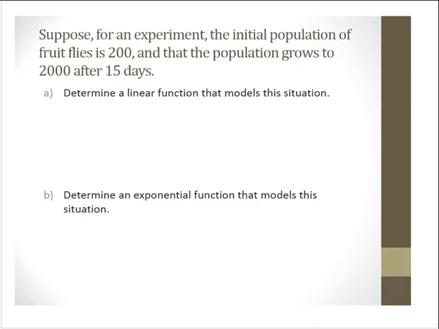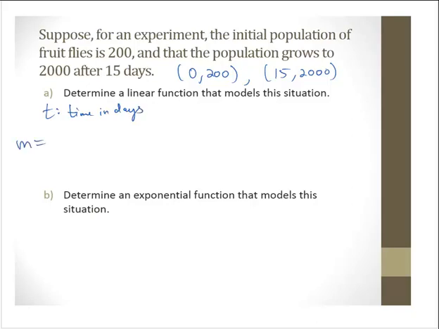Let's come up with some points. The initial population of fruit flies is 200, so we have 0, 200. The population grows to 2,000 after 15 days, so 15, 2,000.